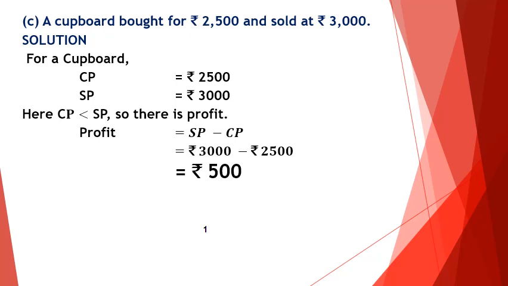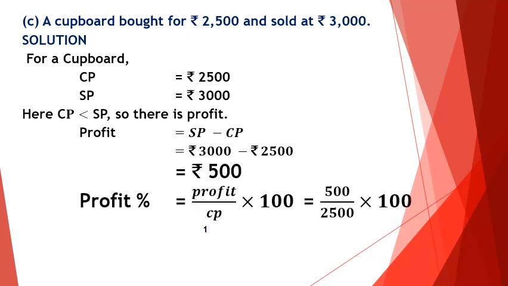What is the next step? Yes, we have to find the profit percentage. What is the formula? Profit upon CP into 100. Substitute the value over there. We get 500 upon 2500 multiplied by 100.